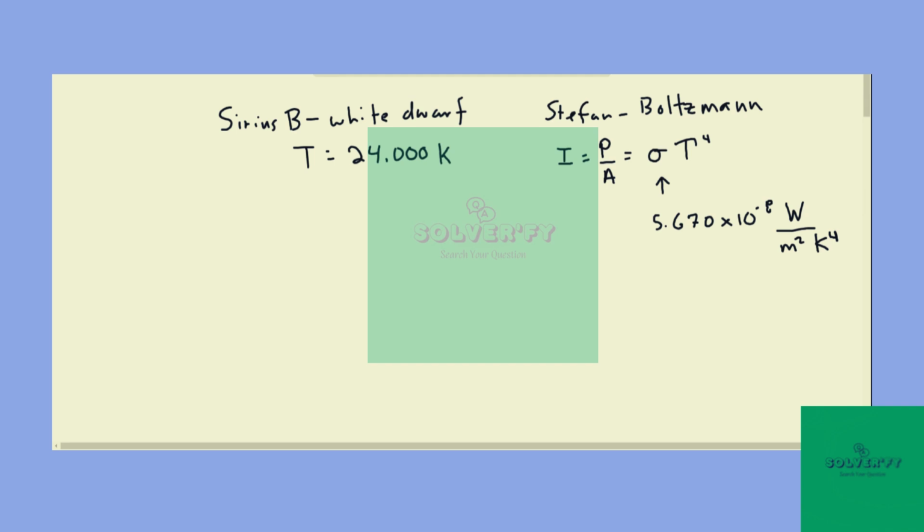Okay, so for this star, if we know its temperature, we can determine its intensity. We simply put in our temperature and our Stefan-Boltzmann constant. We may not have much feel for the number that comes out, but it will be in watts per meter squared.